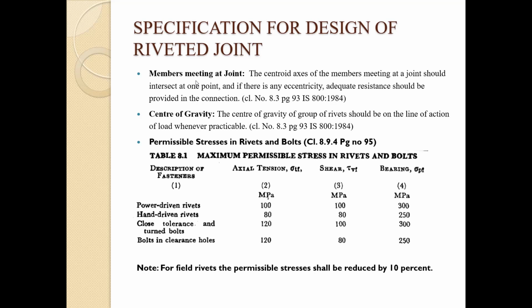Then the permissible stresses in rivets and bolts have been given in table 8.1, which is under clause 8.9.4, page number 95. So here you can see the description of fasteners has been given, power driven and hand driven rivets, axial tension, shear and bearing values are given over here.